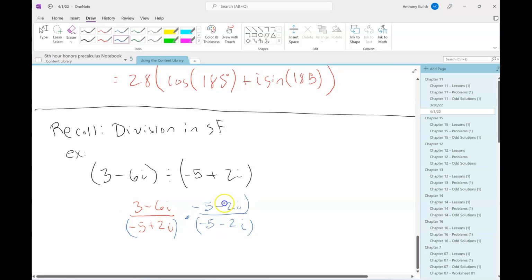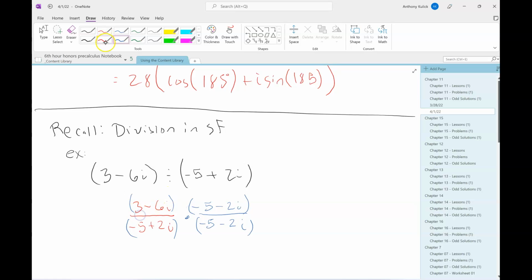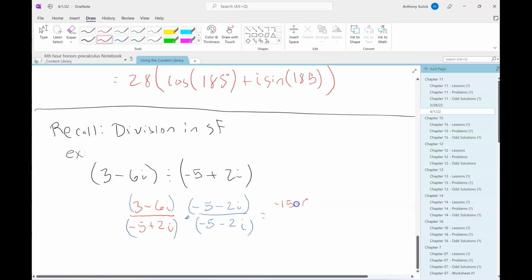So now we just are going to FOIL everything out. In the numerator, I get negative 15 minus 6i plus 30i plus 12i squared. And in the denominator, I just get 25 plus 4.